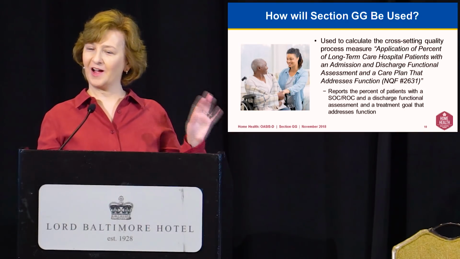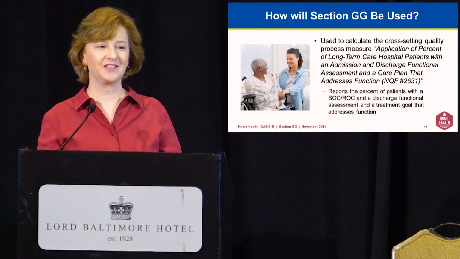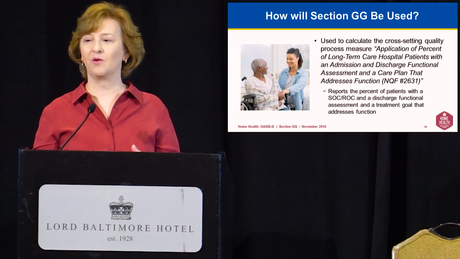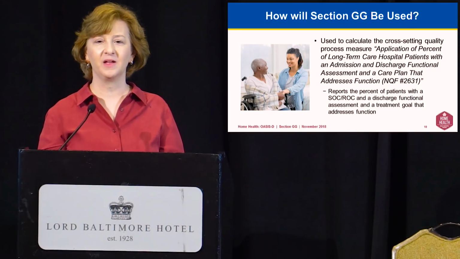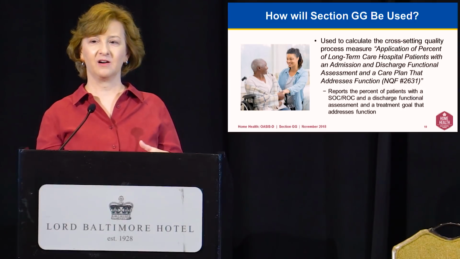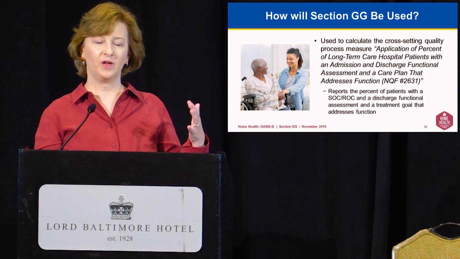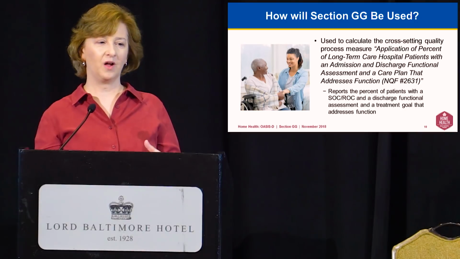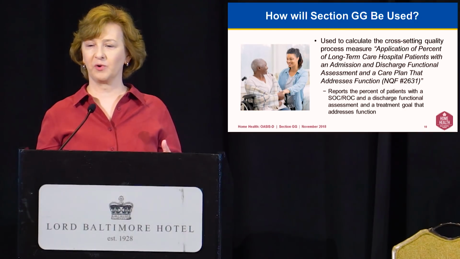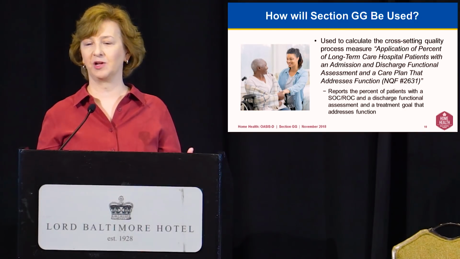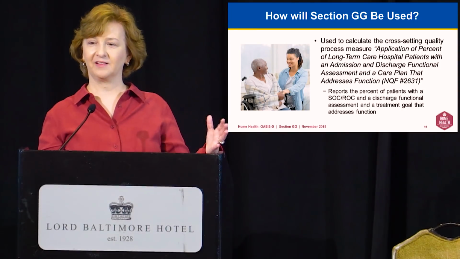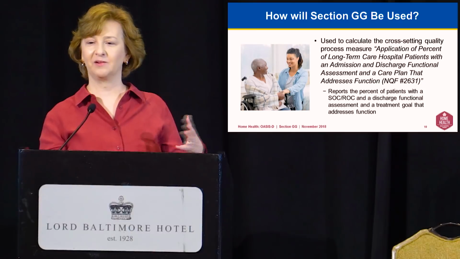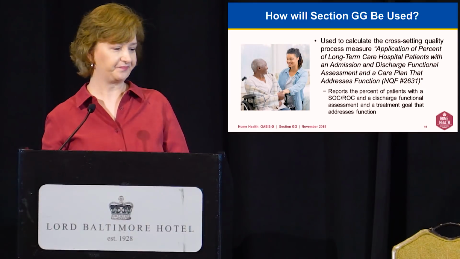If you're wondering why long-term care hospital is part of the title, that's because this is a quality measure that has been endorsed by the National Quality Forum for the long-term care hospital setting, and CMS adapted the quality measure for use for the purpose of the IMPACT Act and applicable to all post-acute care settings. So basically, the application part of the title means that it's modified.